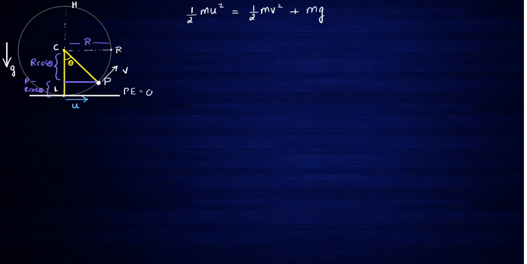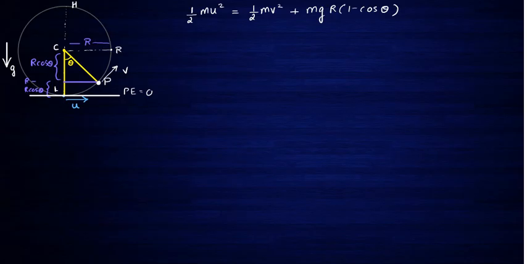So we can write mgr(1 minus cos theta). This is an energy conservation equation that is valid for any value of theta so long as the particle is traversing the vertical circle, so long as it does not leave the path of the vertical circle.